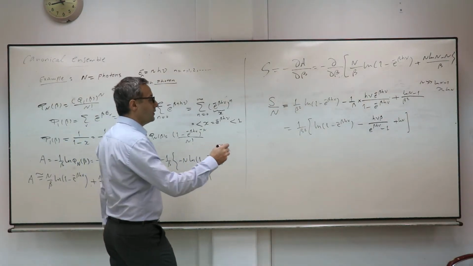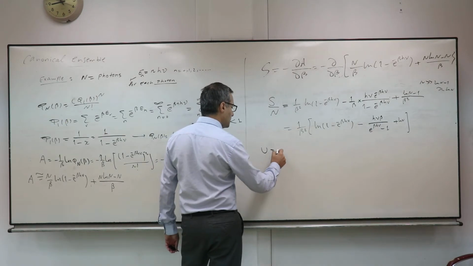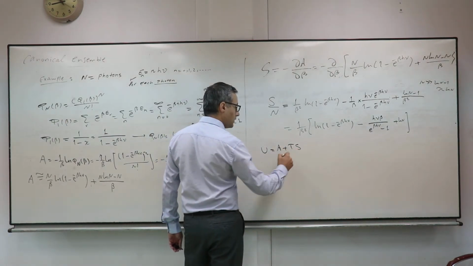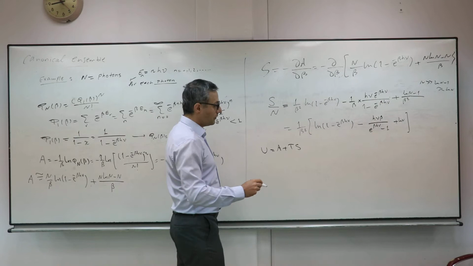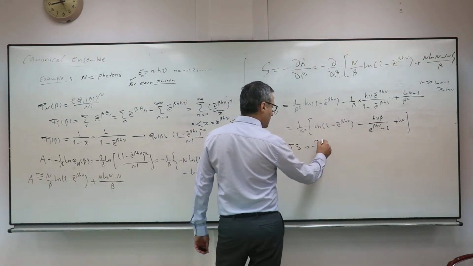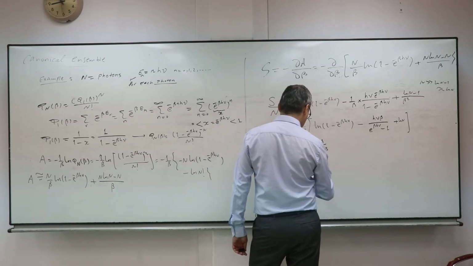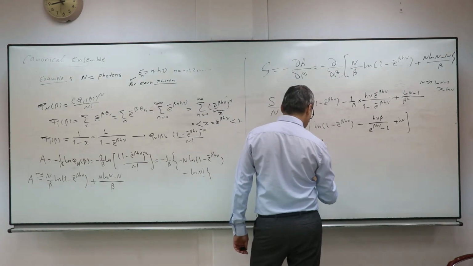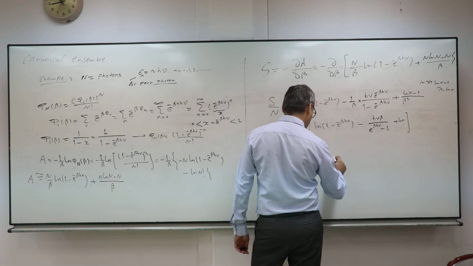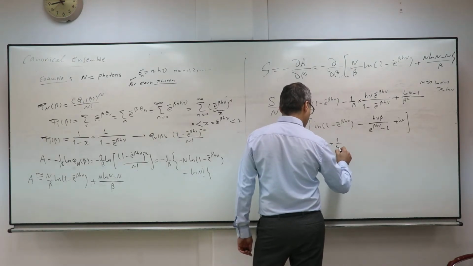You can also find the u, so u is r plus TS. So A is minus the derivative of ln Z with respect to beta. What is T? Beta is 1 over kB T, so T is 1 over kB beta.